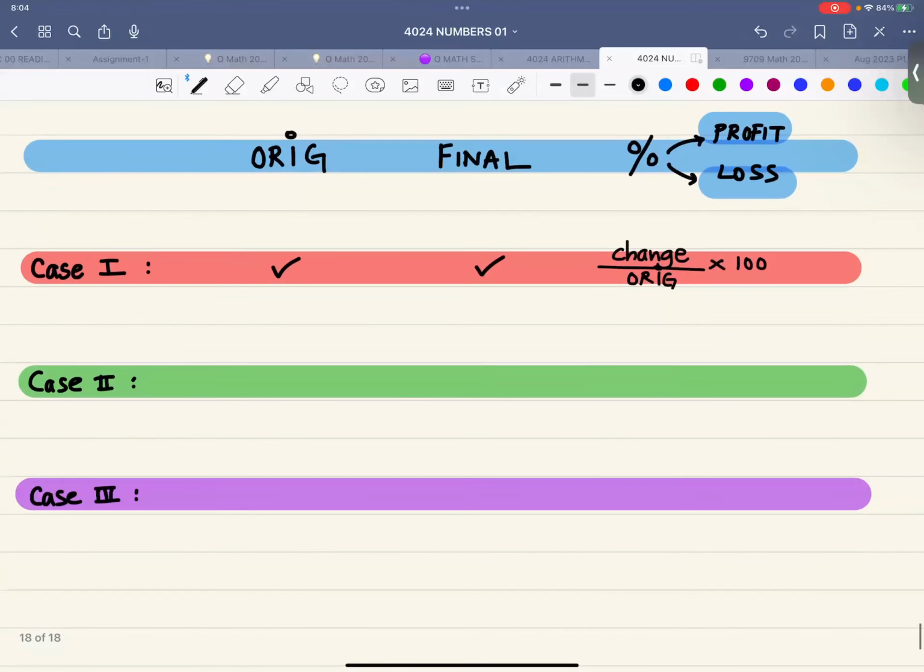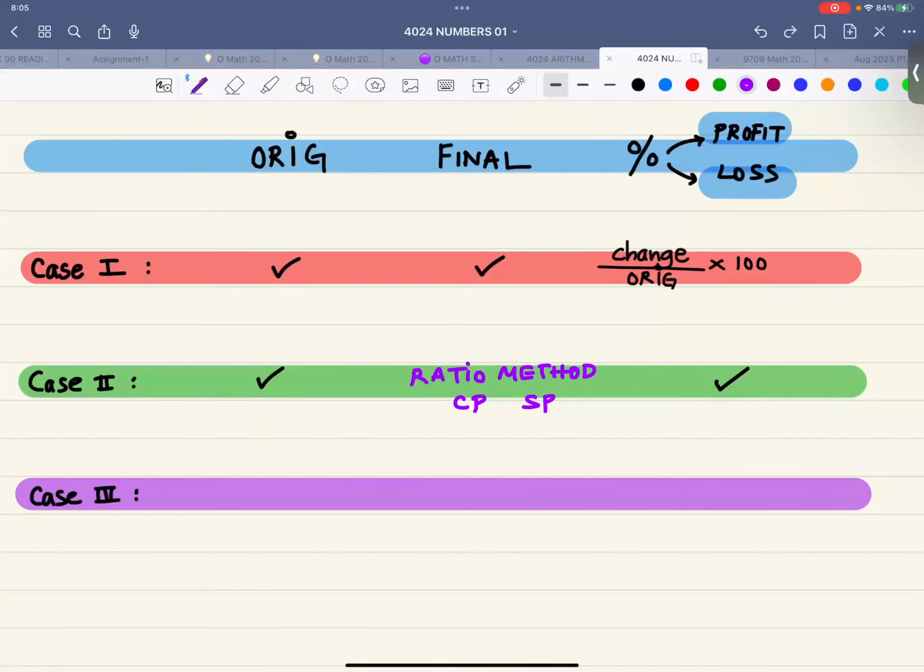In case number 2, what is happening? We have the original, we have the percentage, and we use the ratio method. That ratio method is just becoming cost price, selling price, 100 becoming something, and that value becoming something.